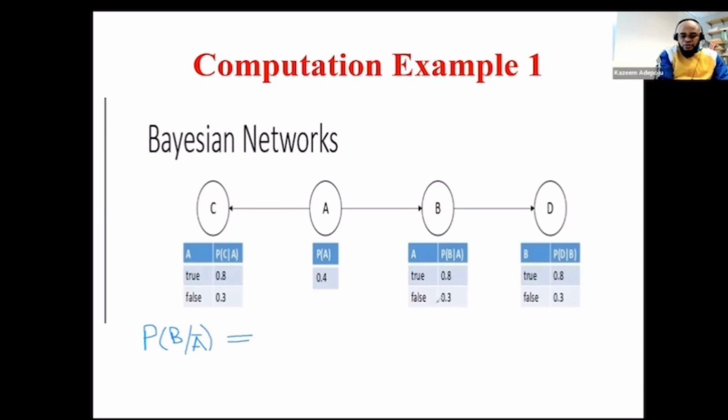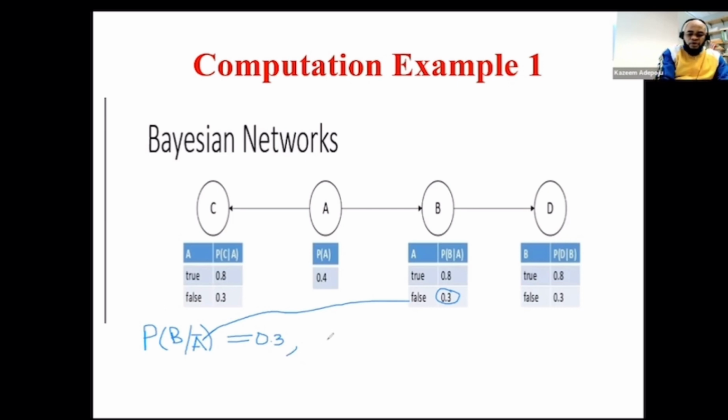And of course, you are given these values. This is the probability of B given A, 0.8, when A is true. When A is false, which is the A complement, you have 0.3.